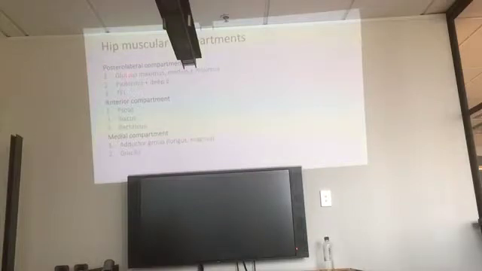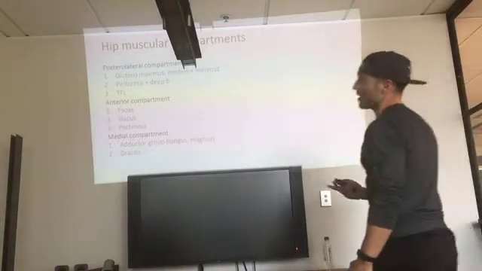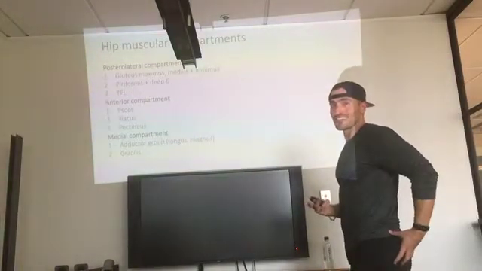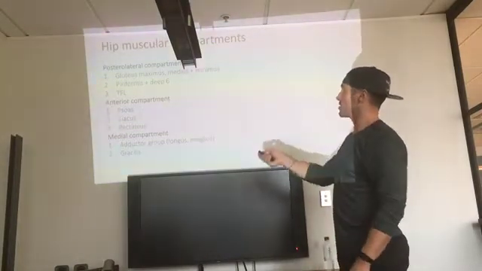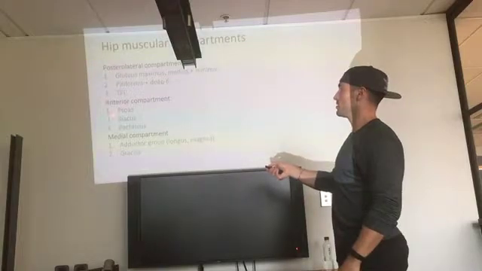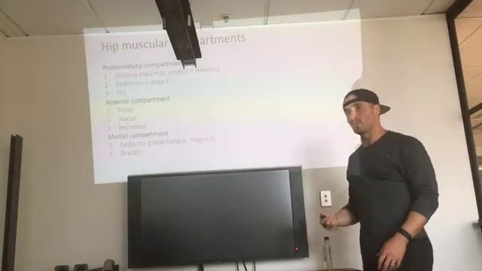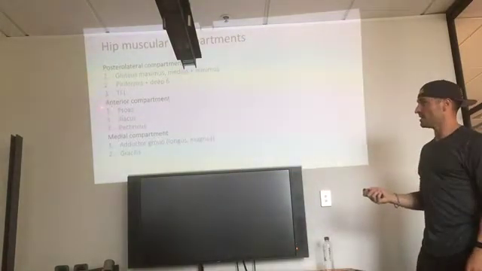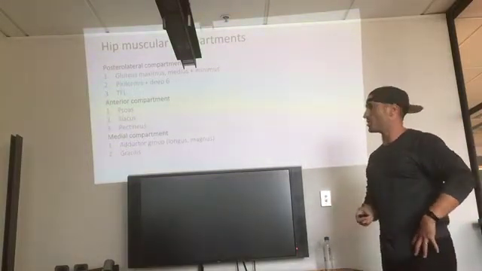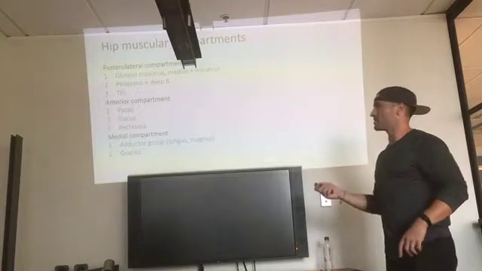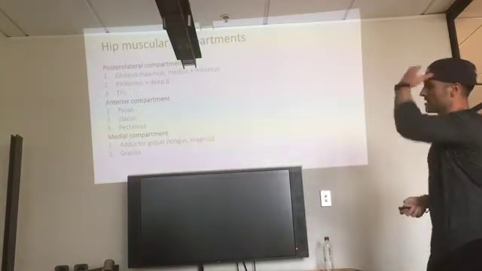So posterolateral, right? You guys know this. I hope you know this already. But your glutes are here. Anterior compartment, we're talking about muscles that act on the hip and not the knee, right? So of course, anterior compartment of your leg, you think quads. We're talking about above that. So you've got your hip flexors, and then this funny muscle called the pectineus, which we'll talk about in a second.